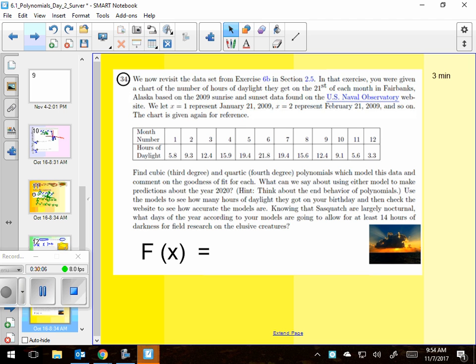And this one is a regression question, except it is not linear regression, it's cubic regression and quartic regression. I think that would be good for you to see.